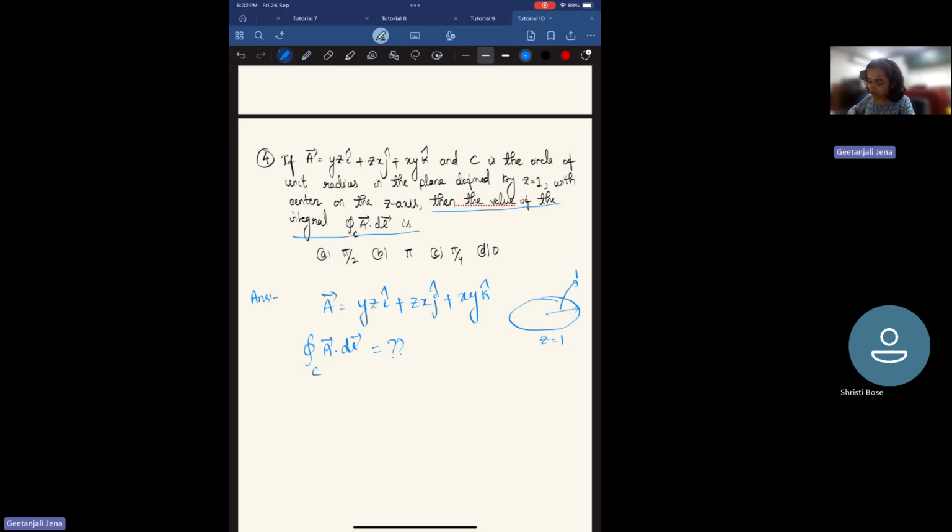Try to think which formula you can take to calculate the value. How can you approach this question?